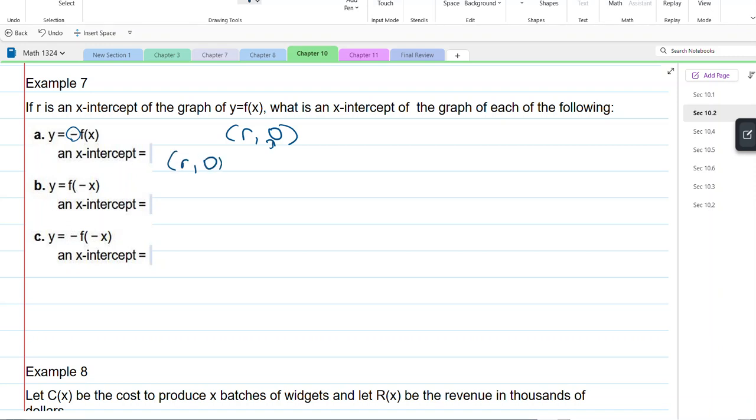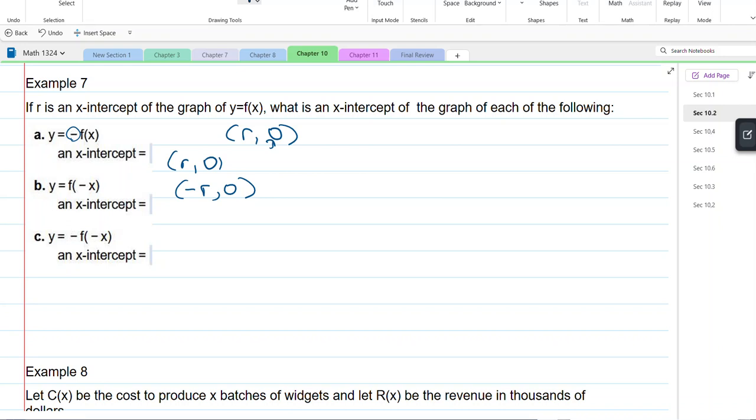All right. Okay. So on this next one, we have what is the opposite of x? Oh, okay. Well, then that would be negative r and 0 because the function only changes what the r is.